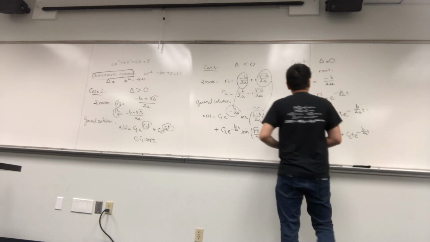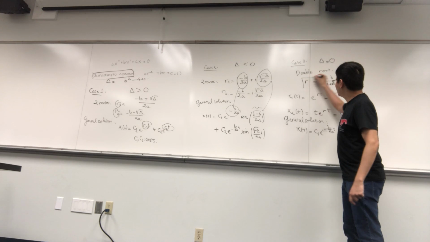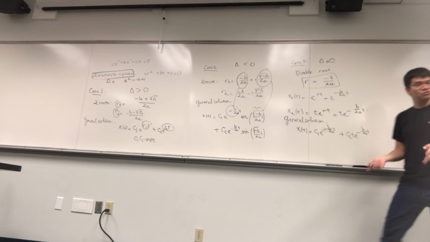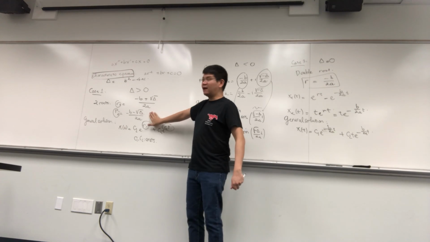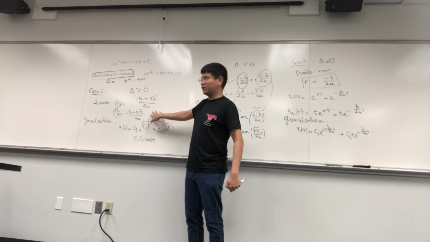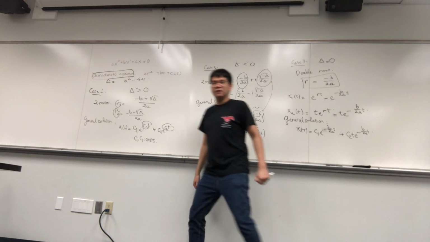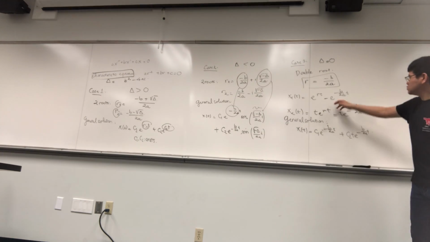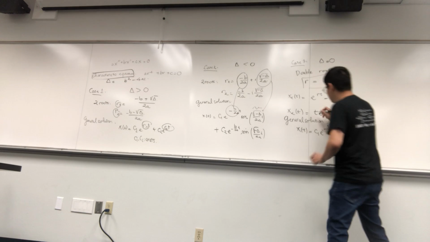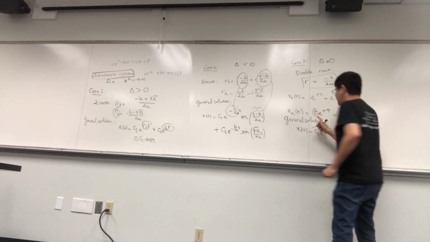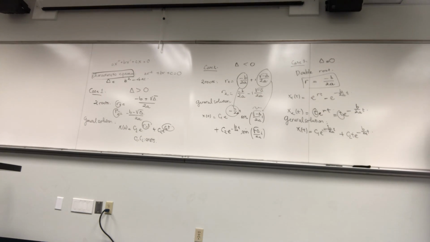For the last case, you have only one solution, or you have a double solution, right? Because when you replace delta to be 0 here, R1 and R2 are both minus b over 2a. So the first solution is, of course, exponential. And for the second solution, you just have to remember to multiply t with the first solution, right?